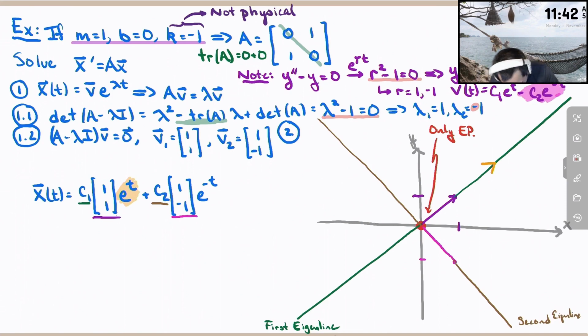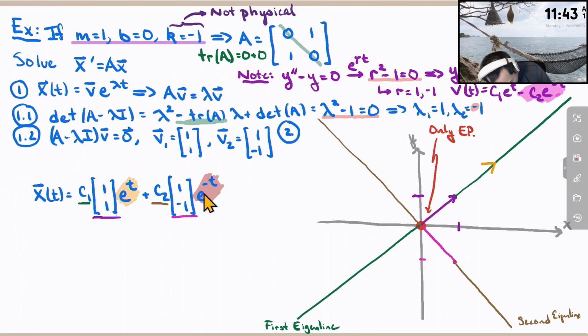And then, because of this exponential, anything on this eigenline gets multiplied by it. Well, this exponential is decaying.